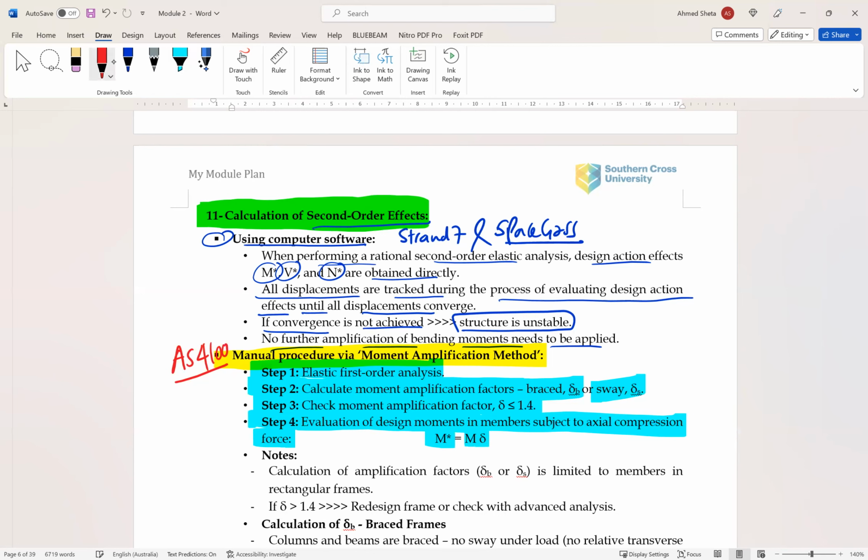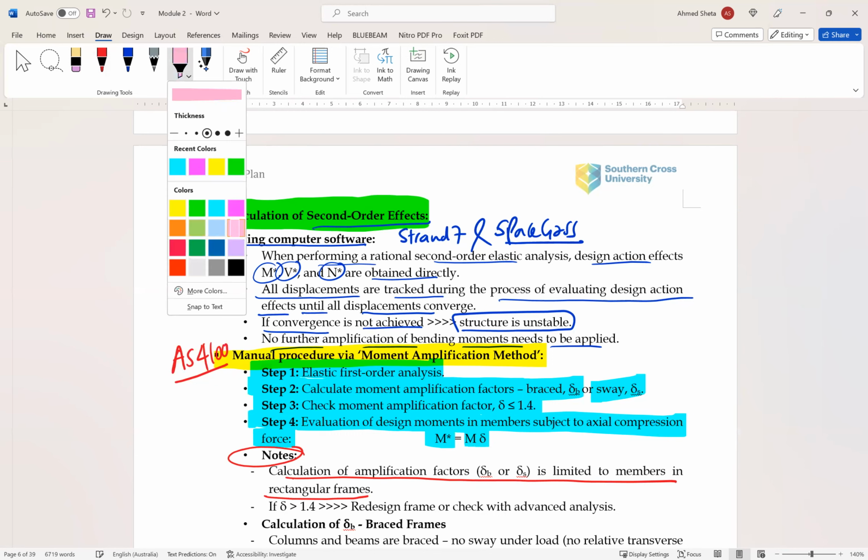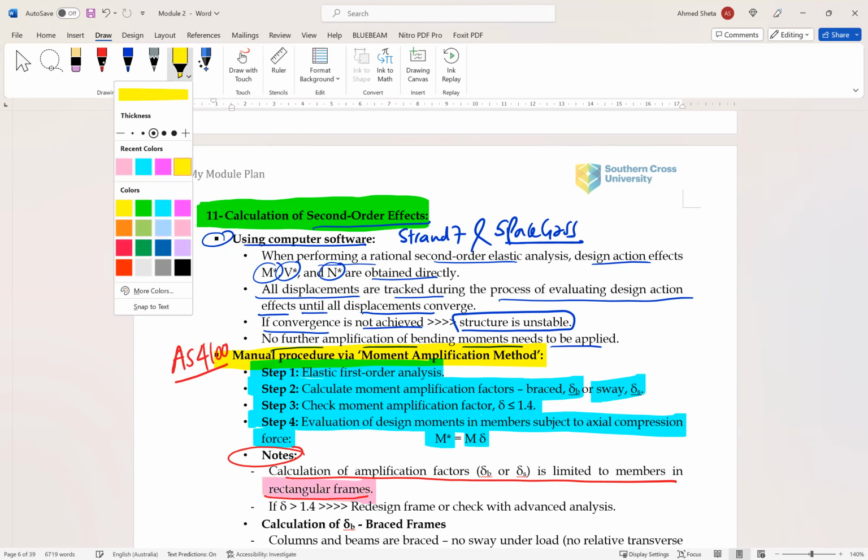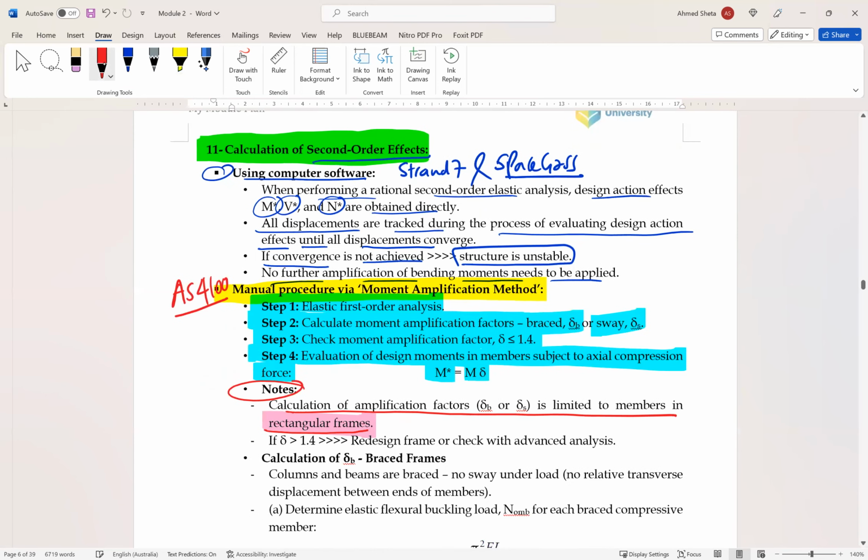Note that calculation of amplification factors is limited to members in rectangular frames, so this method is only applicable for rectangular frames. Second, if delta is more than 1.4, you need to redesign the frame or check with advanced analysis. The amplification factor is not applicable here.